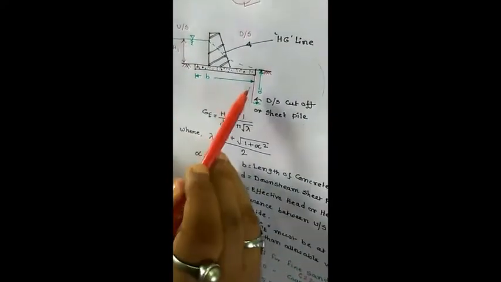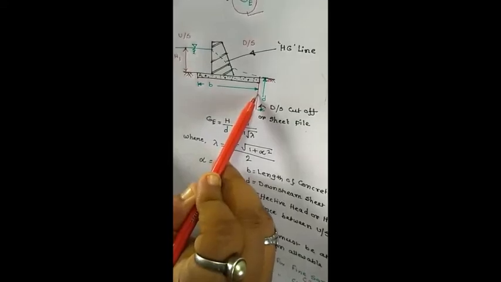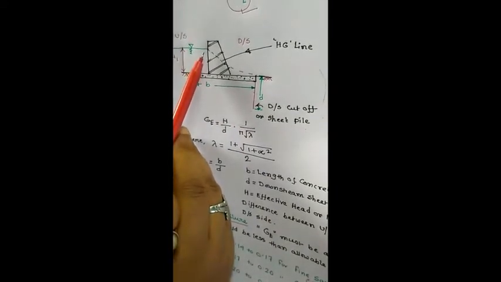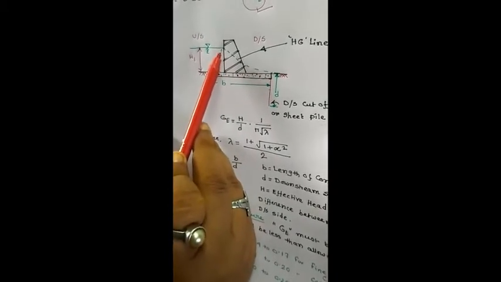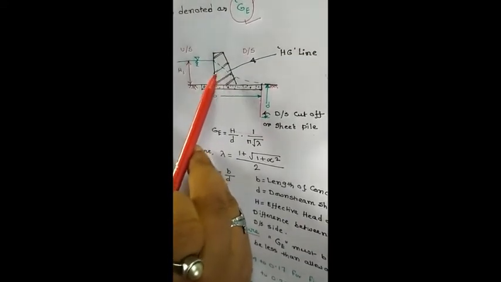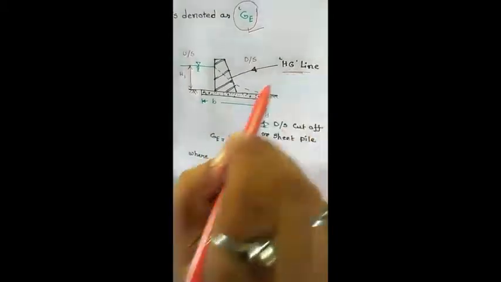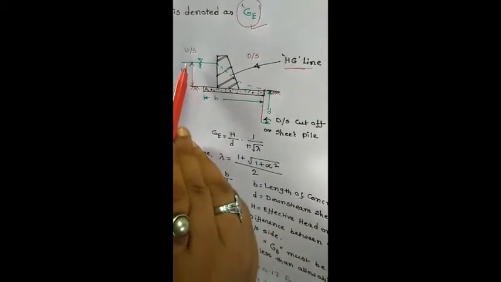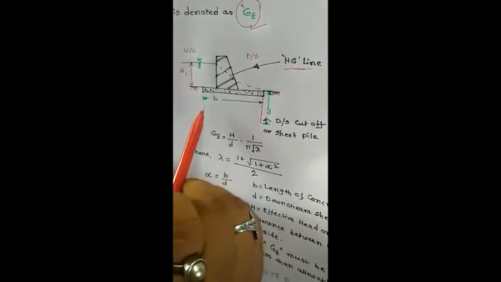And here you can see B. B stands for the length of the concrete base, the impervious base. And if you see the picture minutely, you can see there is a dotted line passing through the body of the dam. The imaginary line is known as the HG line. The full form of HG is hydraulic gradient line. It indicates how the head of water diminishes as the water passes through.